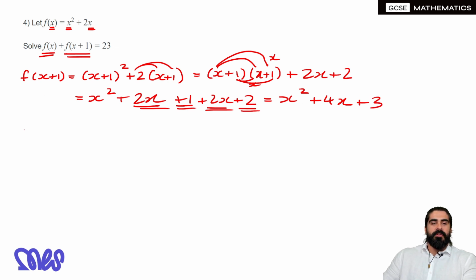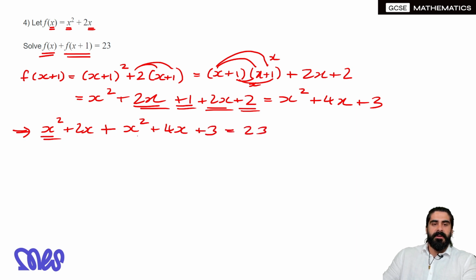So what we're actually solving is f(x), which is x squared plus 2x, plus f(x+1), which we just worked out to be x squared plus 4x plus 3, equals 23. Simplify, x squared plus x squared is 2x squared, 2x plus 4x is 6x, then we have that plus 3.